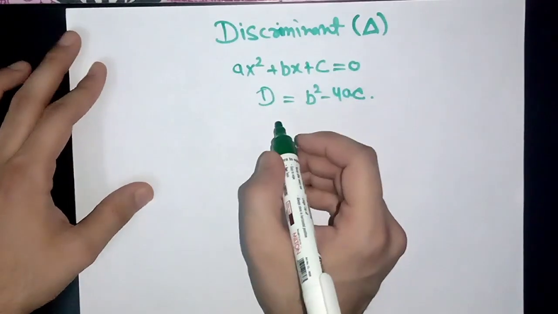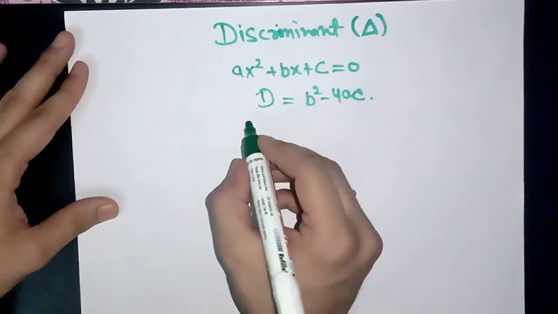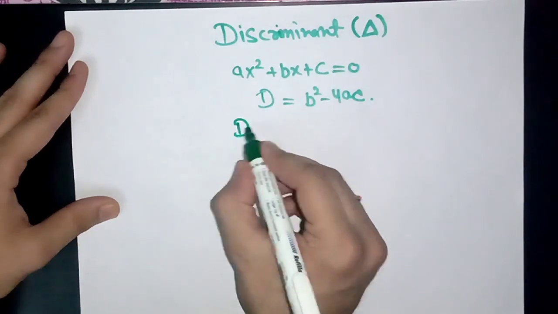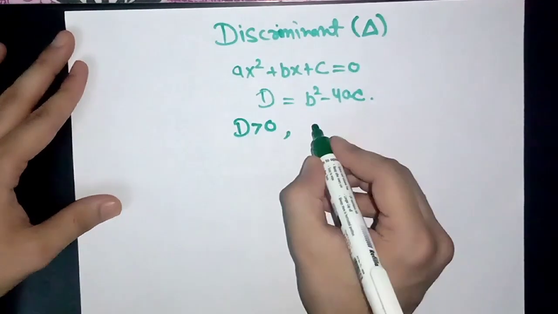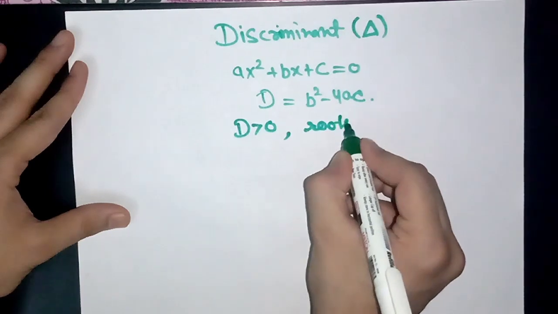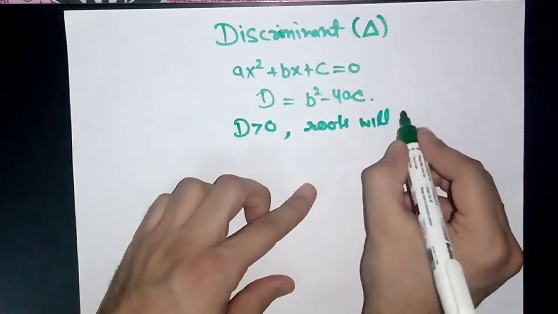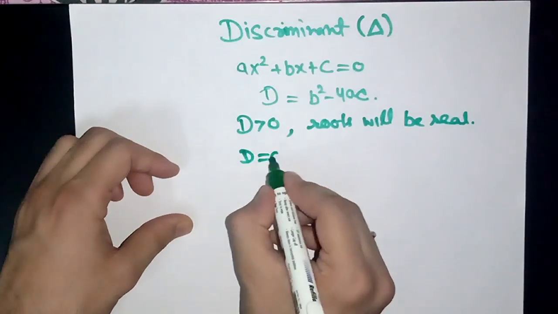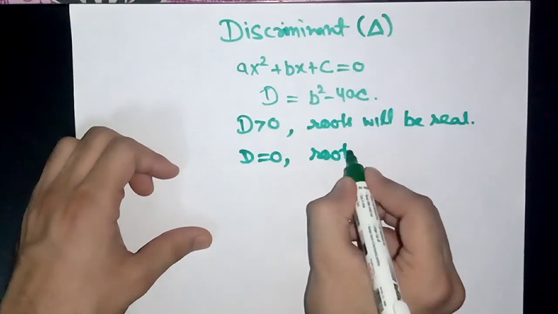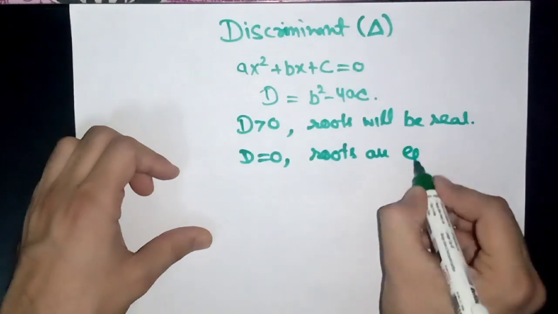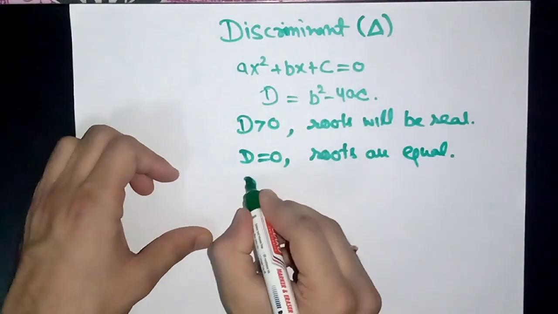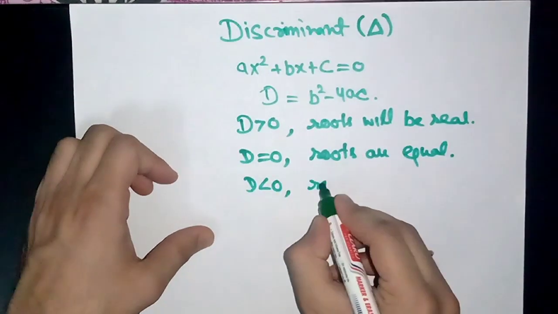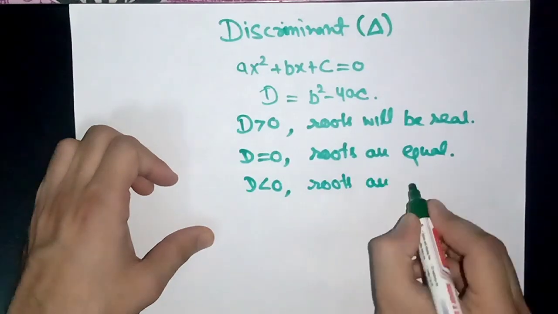Let's assume D is greater than 0. In this case the roots will be real. If D is equal to 0, then the roots are equal. And if D is less than 0, then the roots are imaginary.